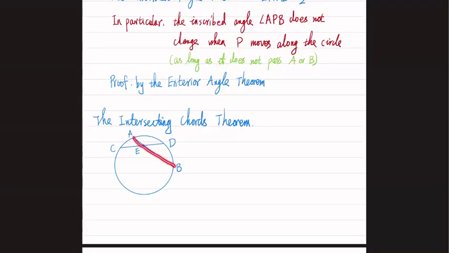First one AB, second one CD. They intersect at point E. Now we have AE and BE, CE and DE.